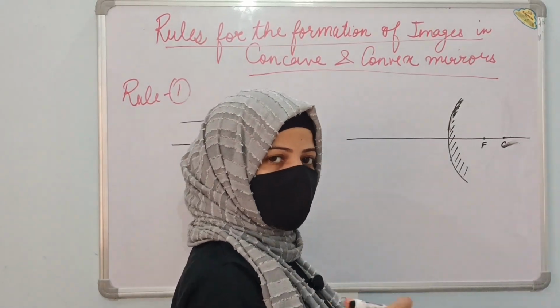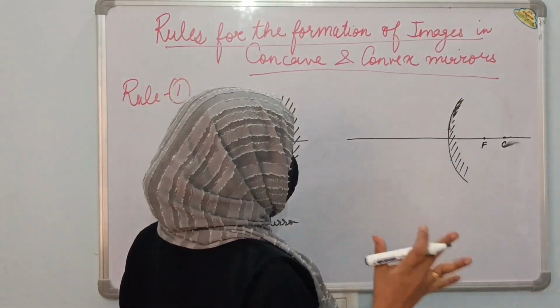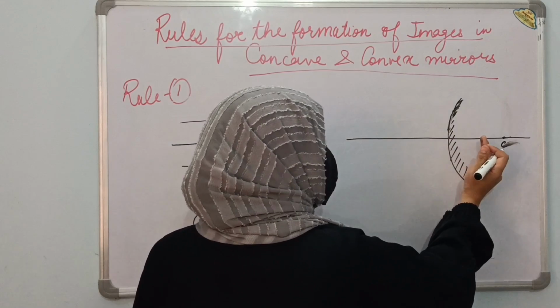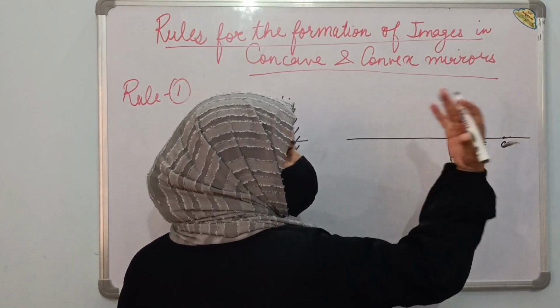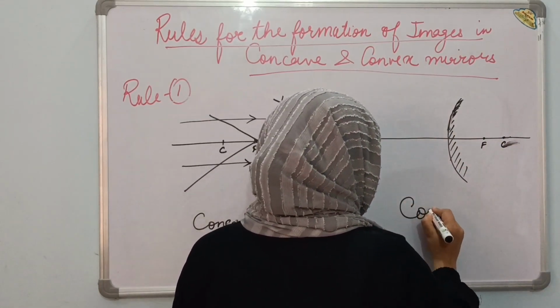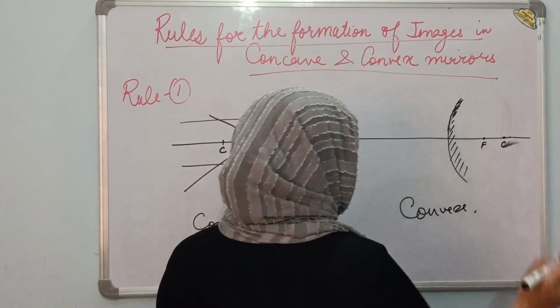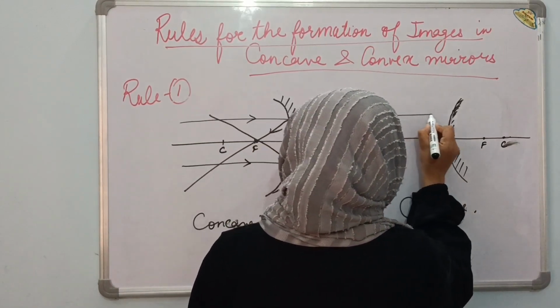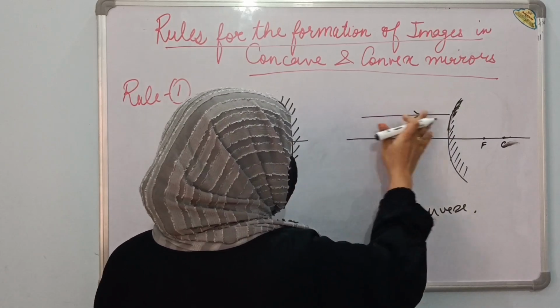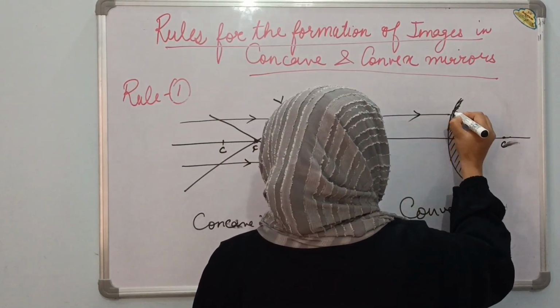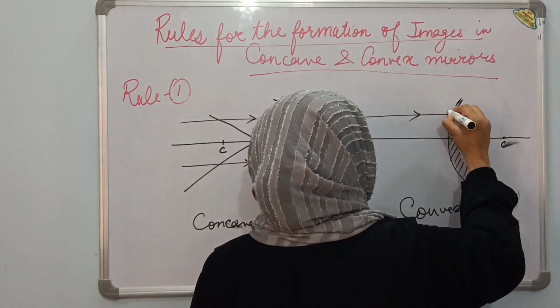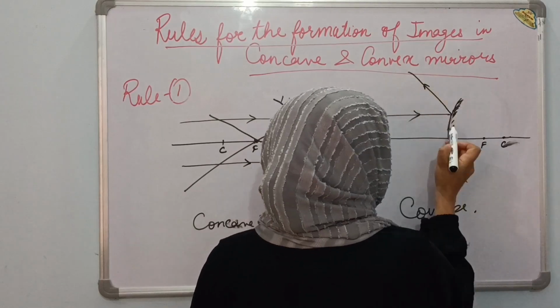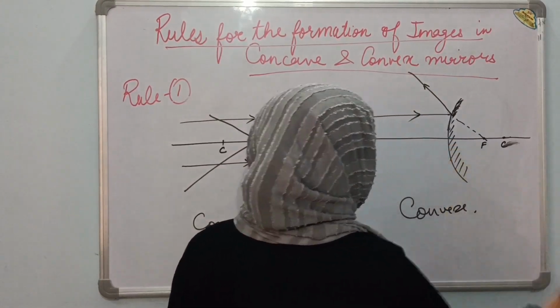We have already discussed it in the previous class. You can check the link given in the description box, that the focus and center of curvature always lie behind the mirror for a convex mirror. So if a ray of light is striking parallel to the principal axis, it will appear to be diverging from the focus.